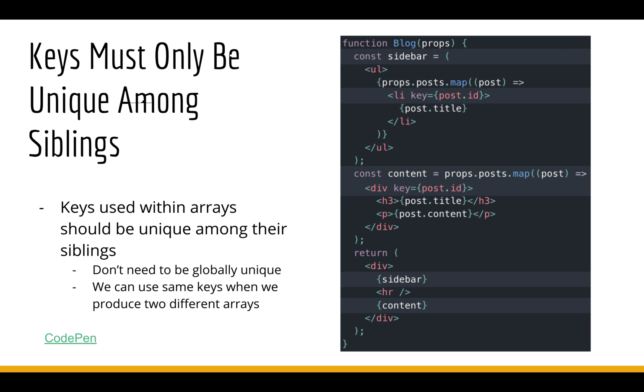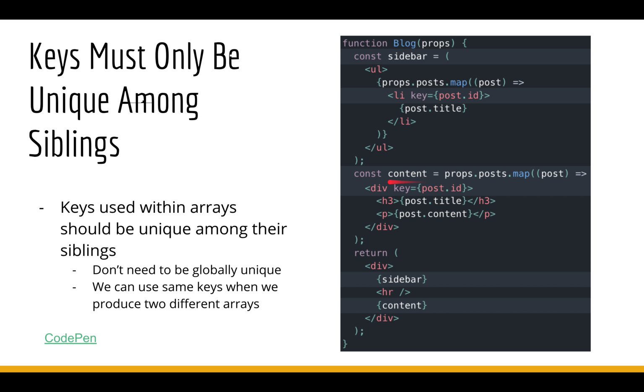And like I said before, keys have to be unique, but they actually only have to be unique within their siblings. So what this means is that it's okay to use the same keys inside of different arrays. For this example, we have a blog, and we have a bunch of posts in our blog, and each post has an ID, but we're actually using the posts in two different places. We have two .map functions going on.